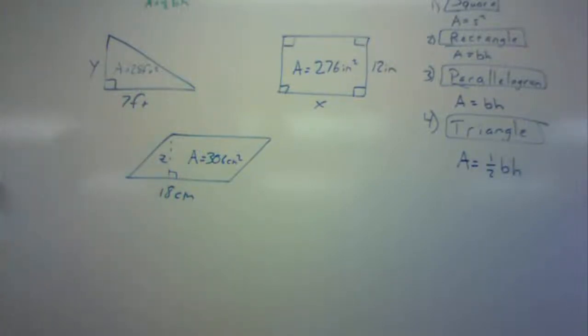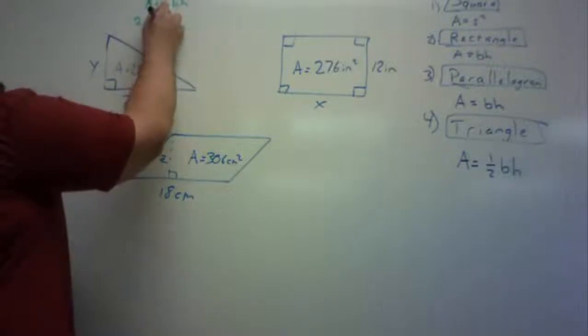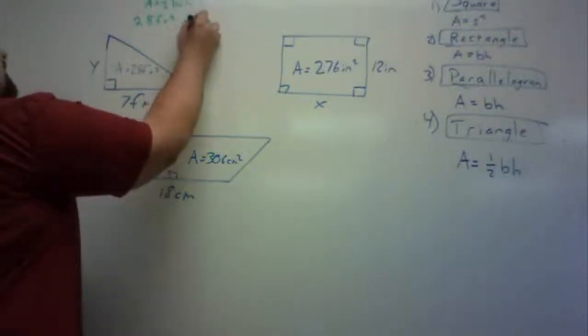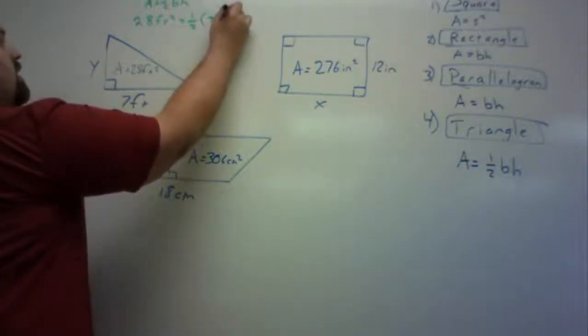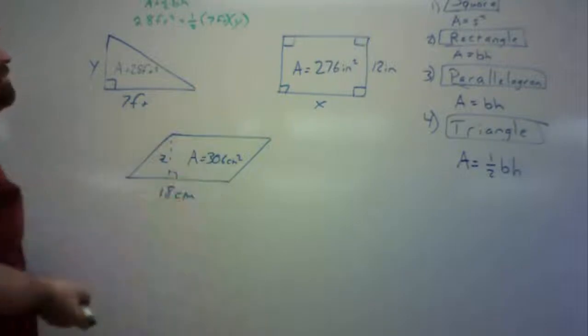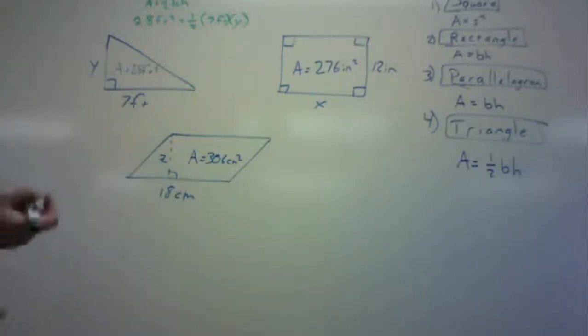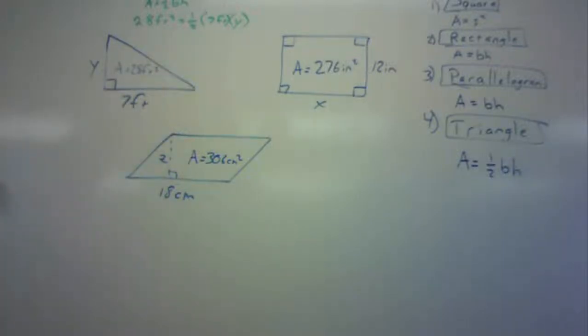Now I look. I actually have a number. 28 feet squared equals 1/2 base, 7 feet, and the height is y. The only unknown I have is y. So basically I'm going to solve for y.